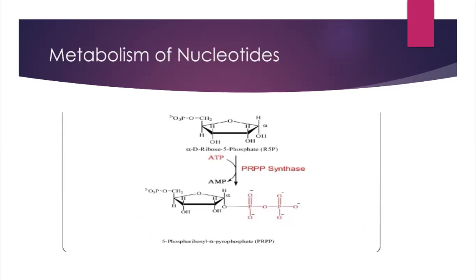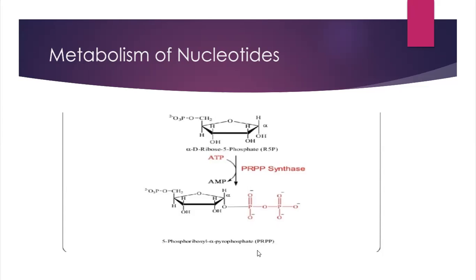Metabolism of nucleotides. Metabolism means synthesis of nucleotides and then their degradation. Here we can see a molecule, alpha-D-ribose 5-phosphate, will convert into 5-phosphoribosyl alpha pyrophosphate.